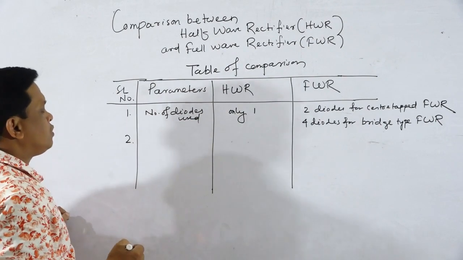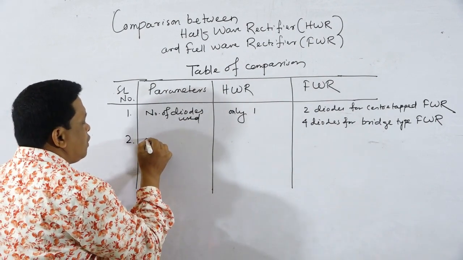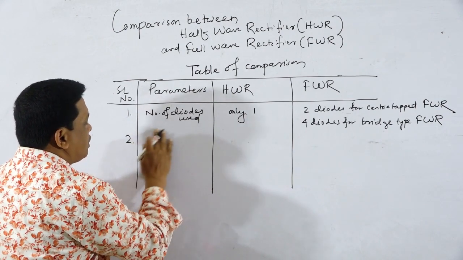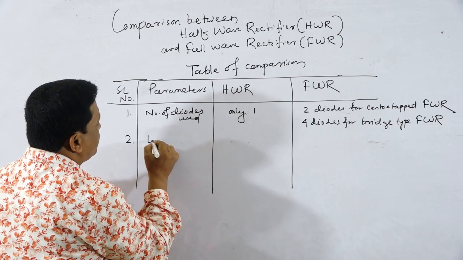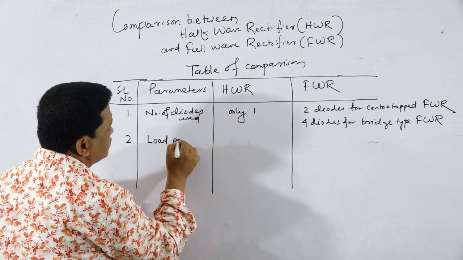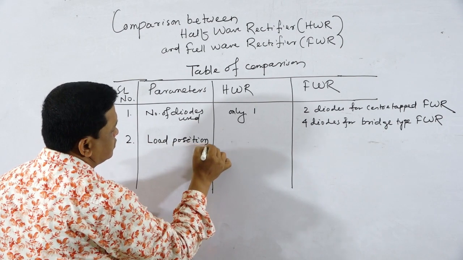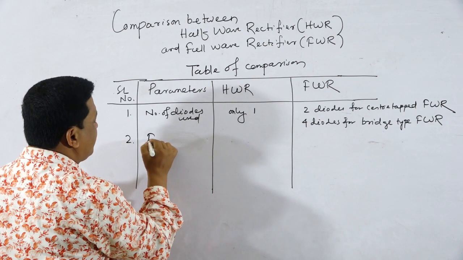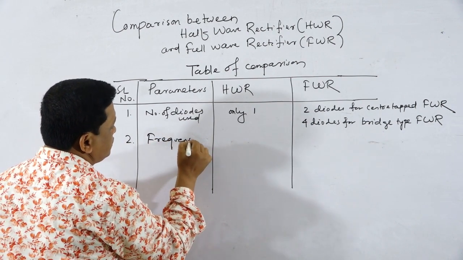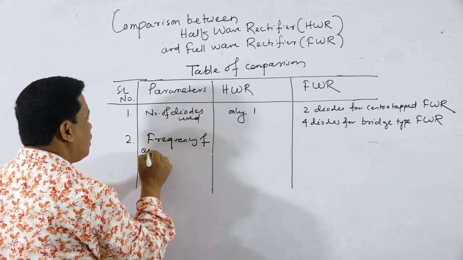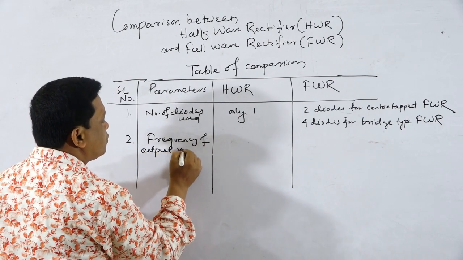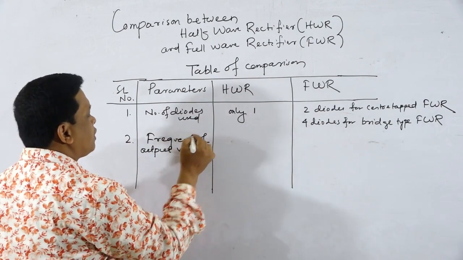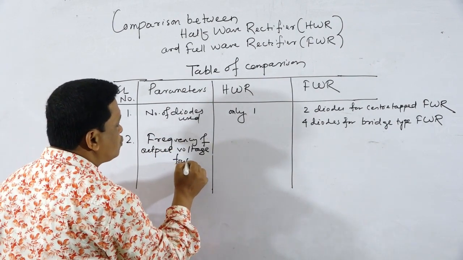Then number 2, you can say, don't write the load position, you can say frequency of output voltage. So let me write F out.